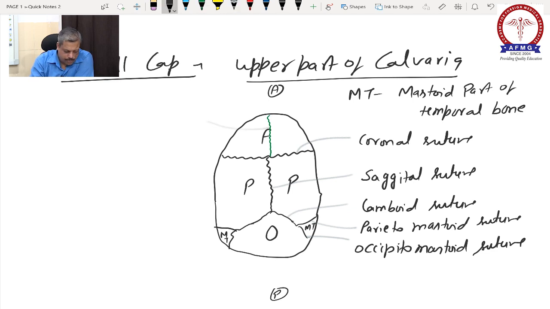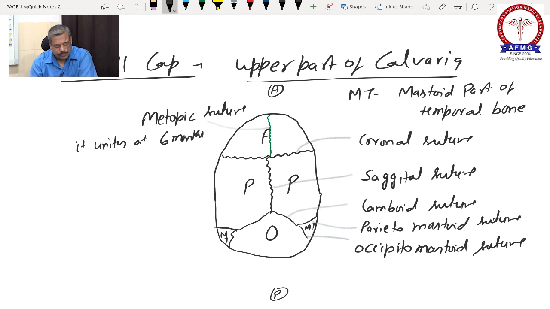So the point is, where is the metopic suture present? The metopic suture is present within the frontal bone, but it obliterates or unites at the age of 6 months, during infancy. At the age of 6 months, it disappears.